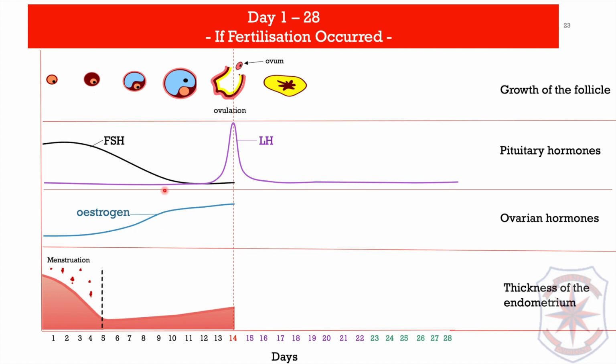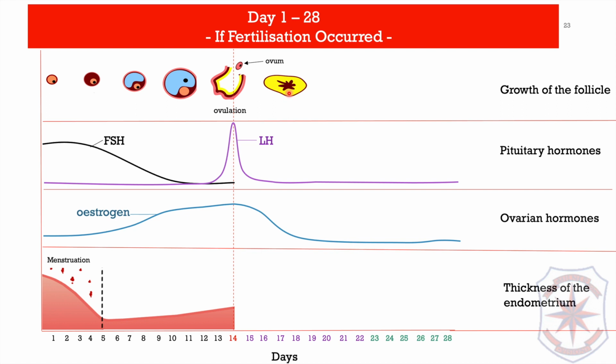Remember, estrogen was produced and secreted by the follicle. Now we don't have a follicle anymore. What do we expect estrogen to do? Estrogen levels will drop because we don't have the thing that produces it, which is a follicle.